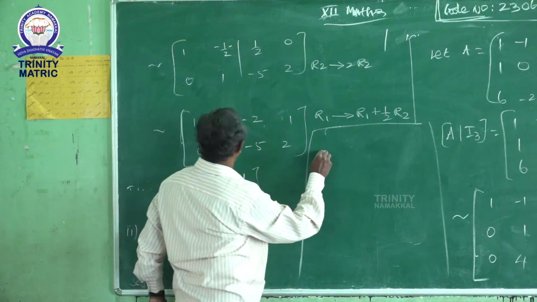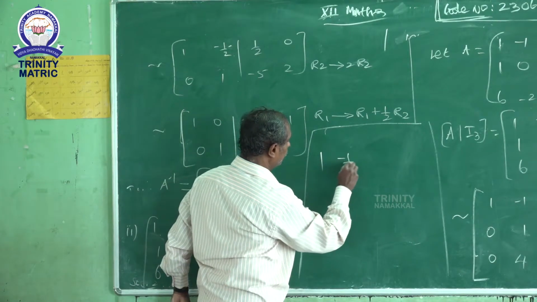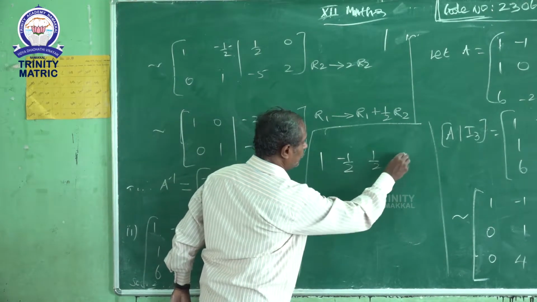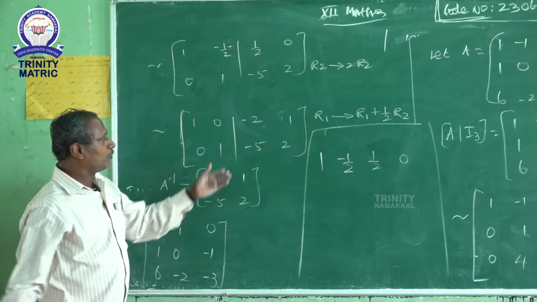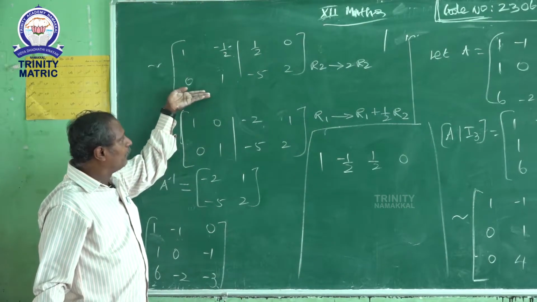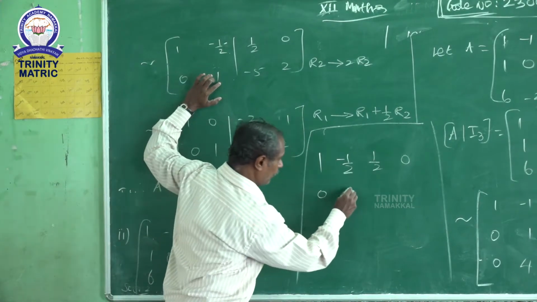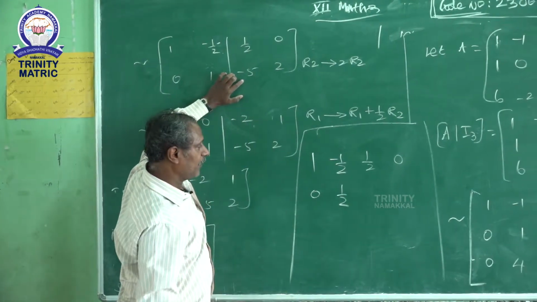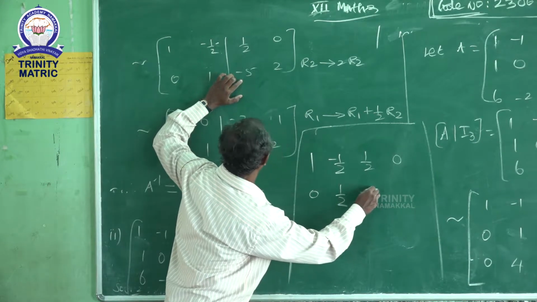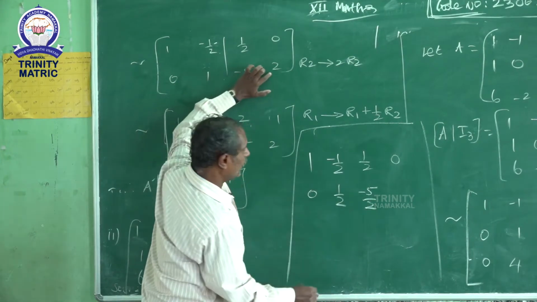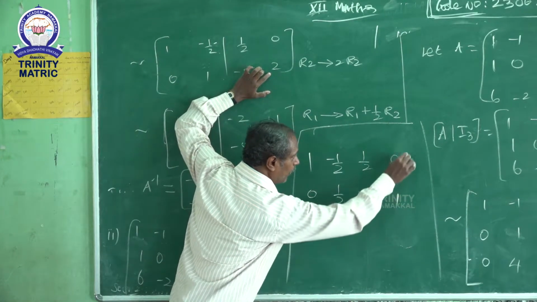What you are having in the first row is minus 1 by 2, 1 by 2, 0. Then we are going to multiply the second row by 1 by 2: 0 multiplied is 0, 1 is multiplied by 1 by 2, minus 5 by 2 is multiplied by 2, it is minus 5 by 2, 2 is multiplied by 1 by 2 will get 1.